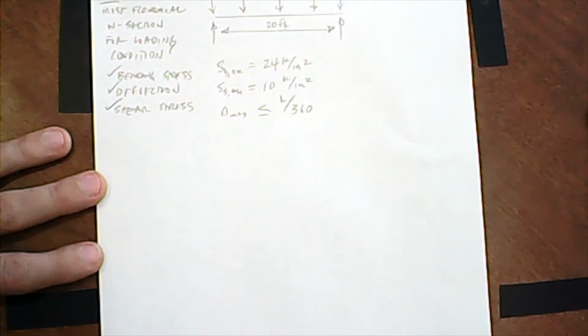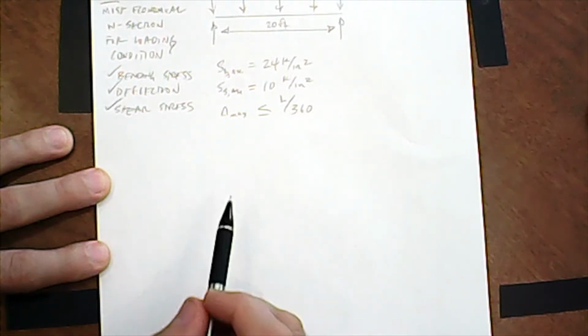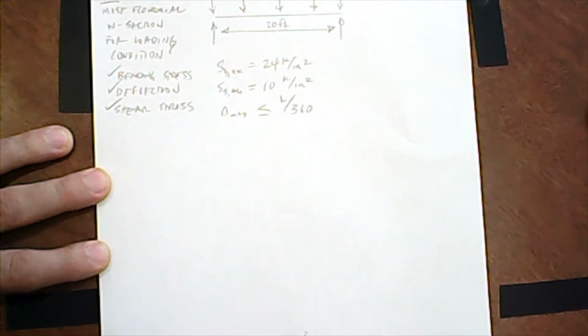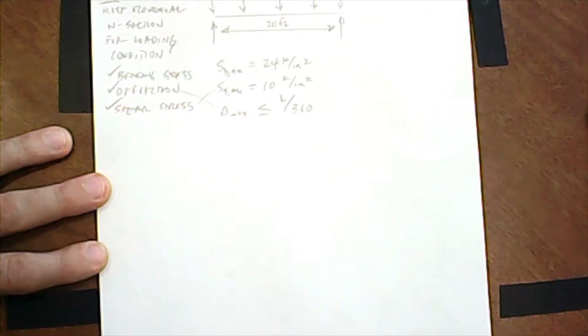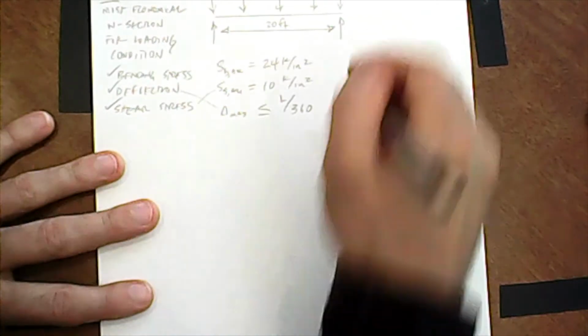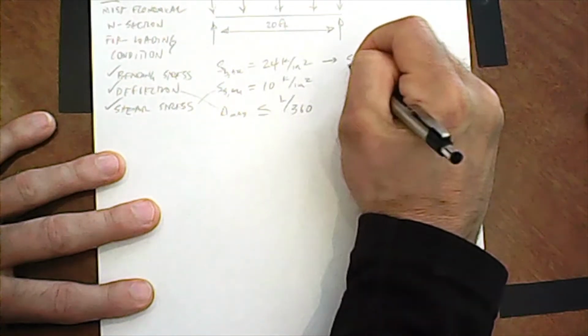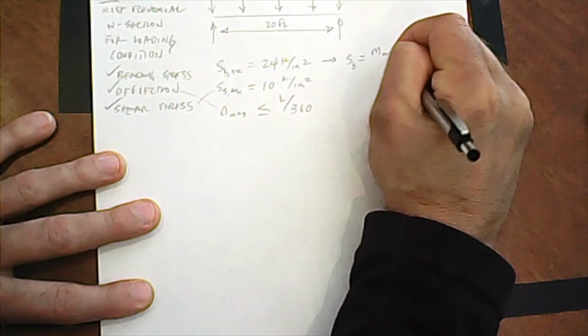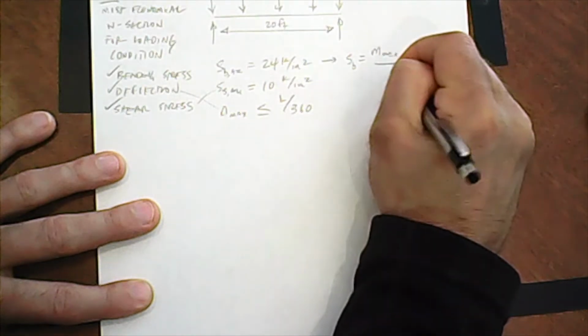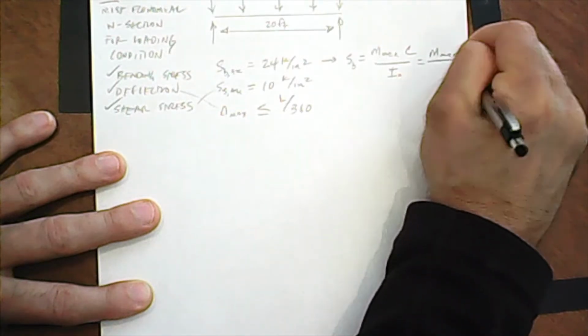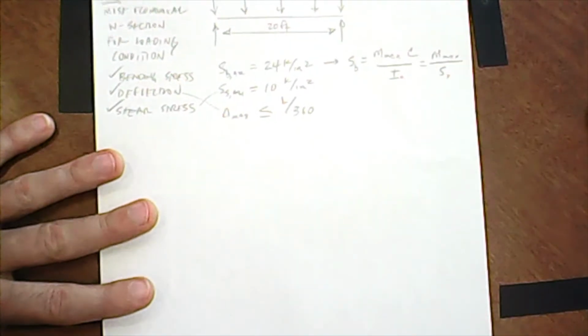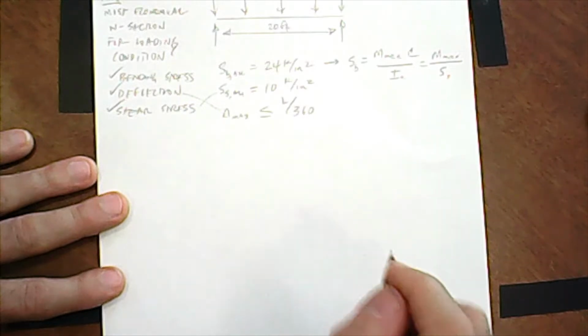That's our design criteria, and they didn't exactly match up, but that's okay. This one goes with that, and that goes with that. And the equation we're going to use is S_B equals M max times C divided by I, which also equals M max over S sub X. That's really handy when we're sizing, isn't it?